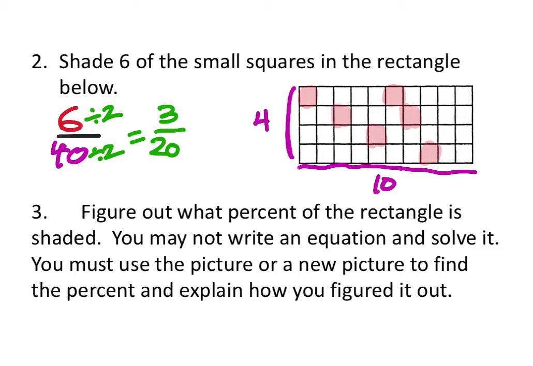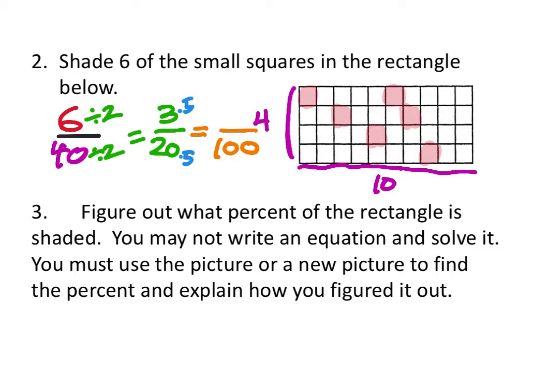Well, percent is out of 100. So could I possibly make this 3 out of 20 out of 100 slightly easily? And the answer to that is yes, we could. Just multiply, we're scaling these fractions, right? So it's not like I'm changing the value of the fraction. I'm just changing the way it looks, specifically with the denominator 100. So I would just multiply the 20 by 5 to get 100.